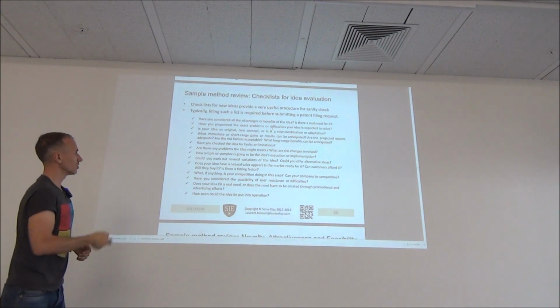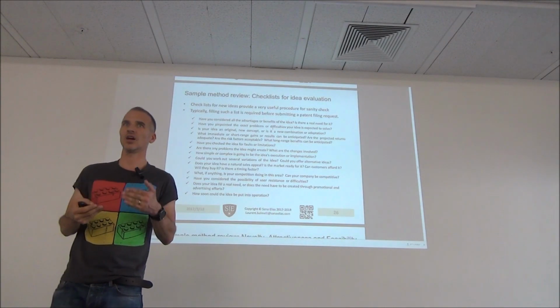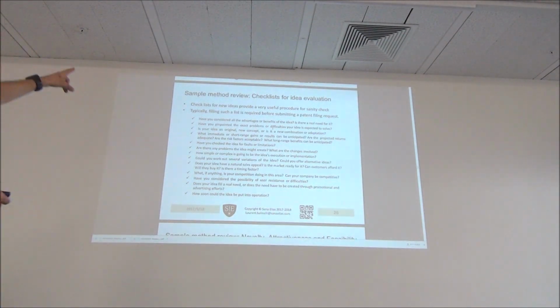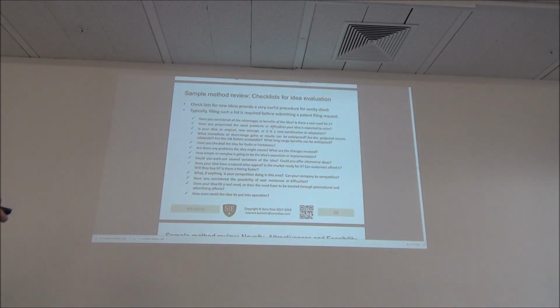Okay, so typically, if you don't want to forget a criterion of evaluation for your idea, you can make a checklist. This is typically a good checklist that you can use yourself. So for instance, have you considered all the advantages and benefits of the idea? Is there a real need for it?